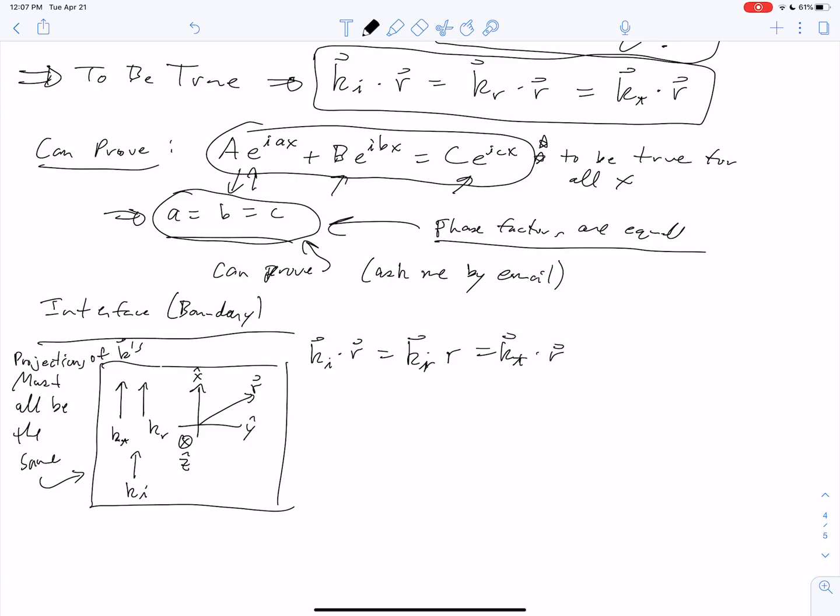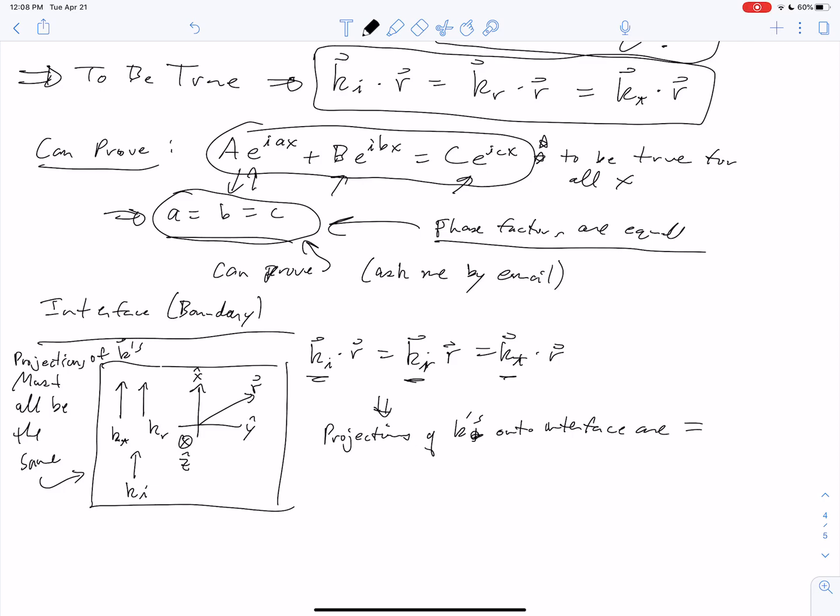If I pick any r, just some random r, then the projections of all three of these must be the same. So the projections for any r, and so the projections onto the plane, must be the same. So the projections of the k's onto the interface are equal.